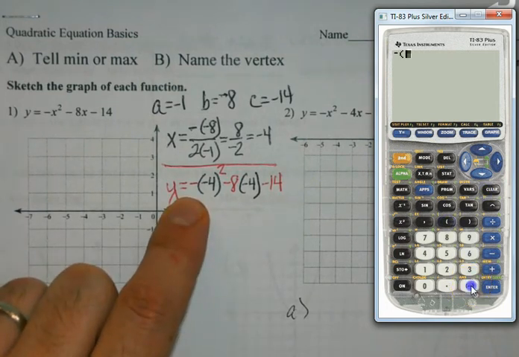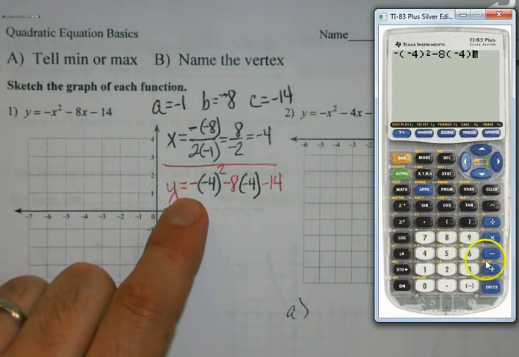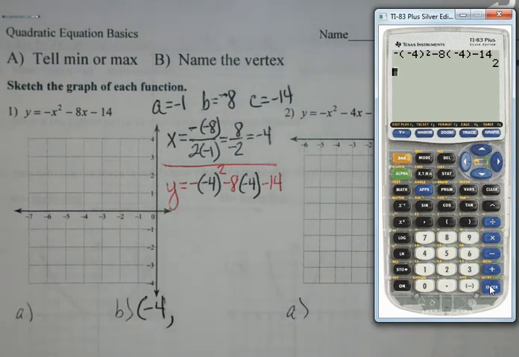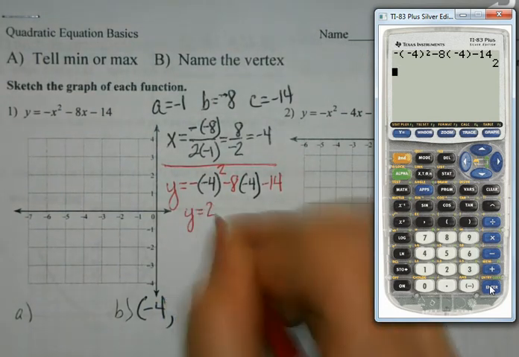So I've got negative 4 squared minus 8 times negative 4. Lots of little detail things. So you're like, okay, so I've got my y.